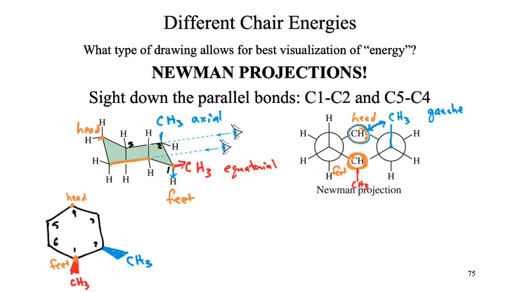That ring flip is going to change where everything is located. Okay? How much does it change it? Significantly. That head will now get forced down below. And then that methyl gets shuttled out to the side.